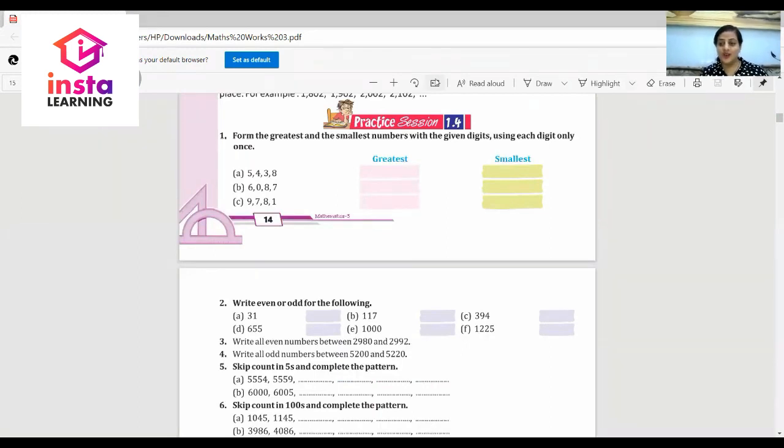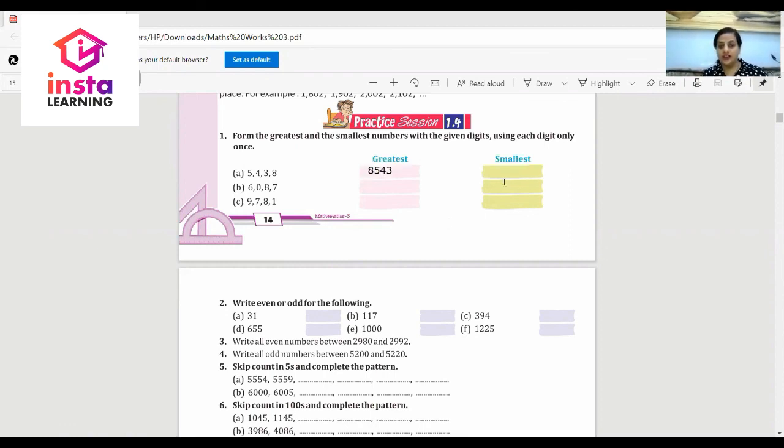Now students, we are going to do exercise 1.4. In that, we make the greatest and smallest numbers by using the given digits. If we want to make the greatest number, then we will take the bigger digits first. See, 8 is the biggest digit of all. So we will write 8 first of all, then 5, then 4, and the smallest digit is 3.